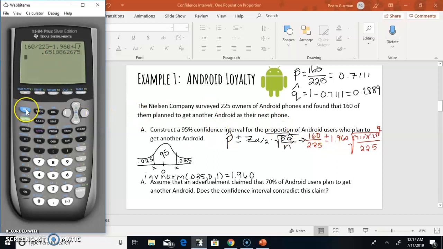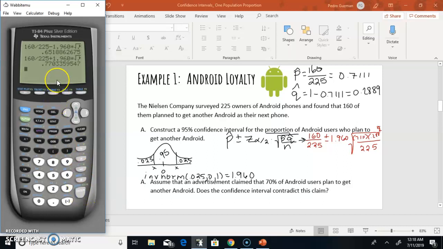So what I usually do, you guys, is I usually go to the secondary function entry. If I hit second entry, you'll notice my previous entry popped up, and I can just scroll over and change it to plus, so that I don't have to retype the whole thing.